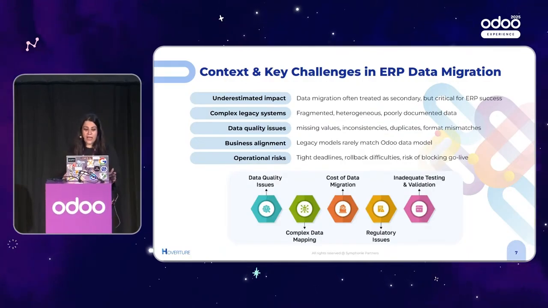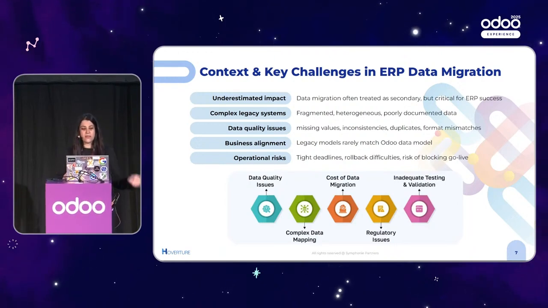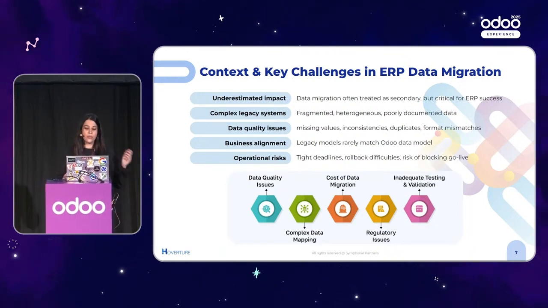We usually have very complex legacy systems that have very fragmented and poorly documented data. We have, of course, data quality issues because there is a lot of data that has missing values, inconsistencies, duplicates, and also a lot of mismatches.